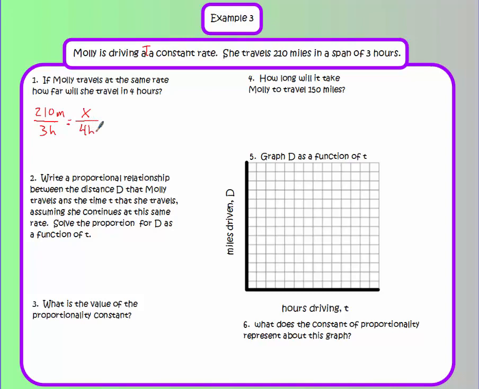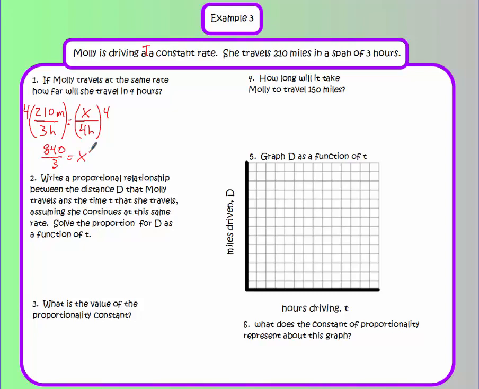So use whatever strategy you would like. You can either multiply both sides by 4 here to get x by itself, or you could cross multiply. I think this time I'm going to switch it up and multiply both sides by 4. That tells me I have 4 times 210, which is 840 over 3 equals x.